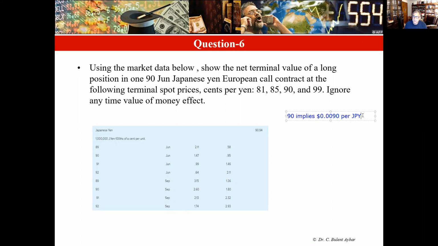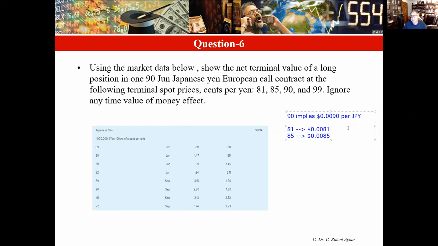And the prices that we listed in here, for instance, 81 implies $0.0081 and 85 implies $0.0085 and so on. So this is what you mean with these prices.